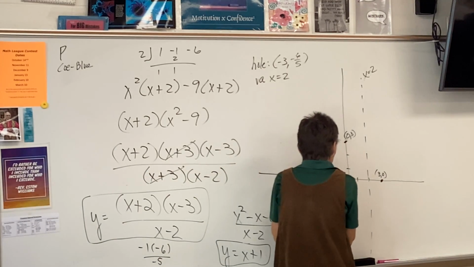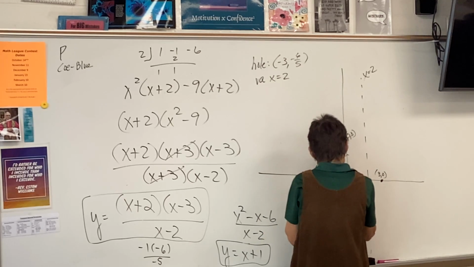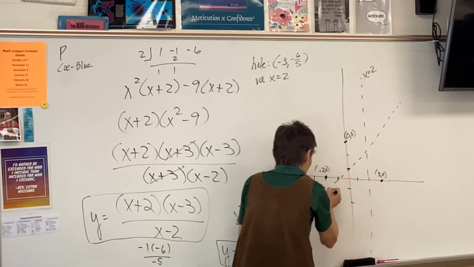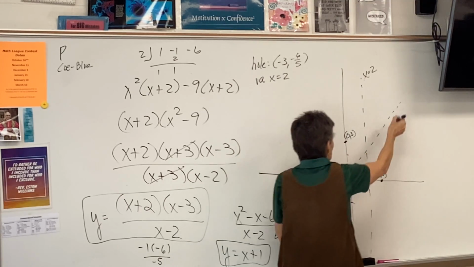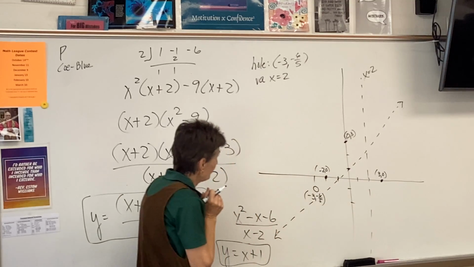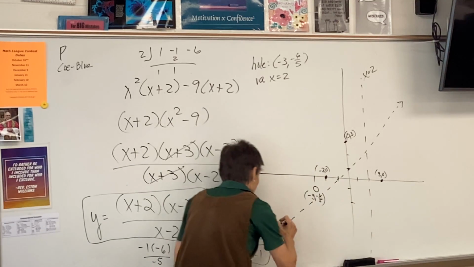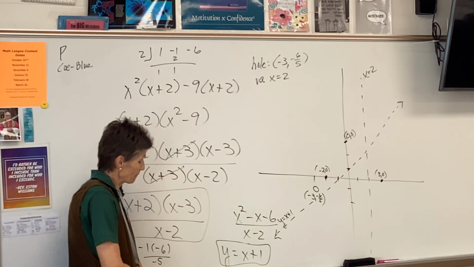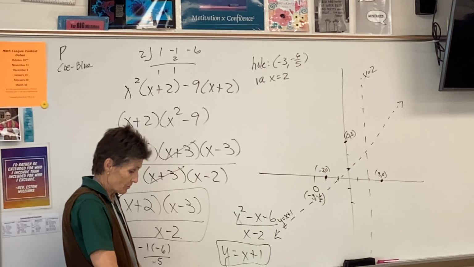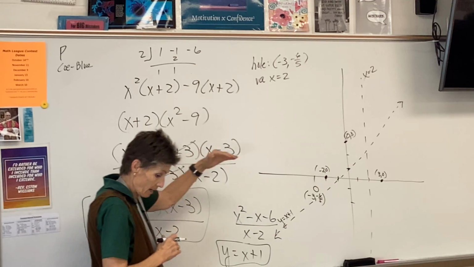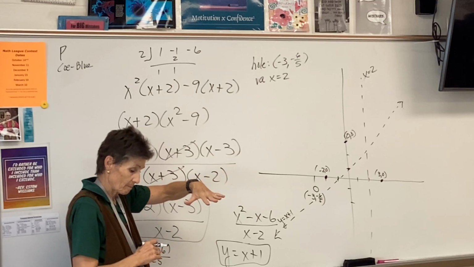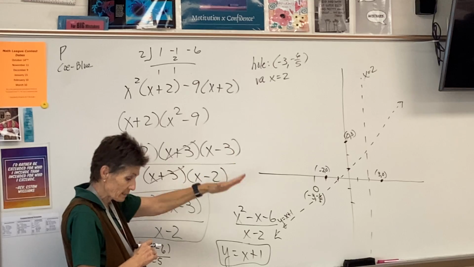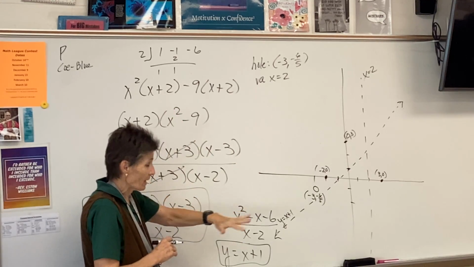Y equals x plus 1. So here's my end behavior asymptote. So now I've got everything filled in. You're going to want to fill in those blanks. So we've got vertical asymptote, end behavior asymptote, holes, and our intercepts all figured out.